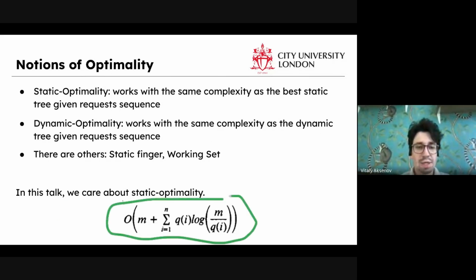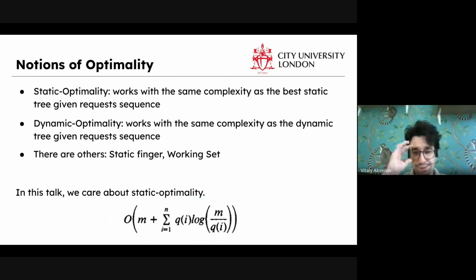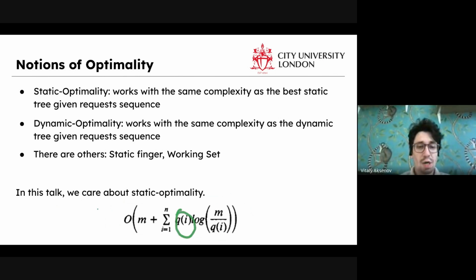You can see at the bottom a screenshot from Tarjan's paper on SplayTree. The idea is that q_i is the number of requests to an element i. So the total complexity is the sum over each element, where each operation costs the logarithm of the total number of requests divided by the number of requests to element i.